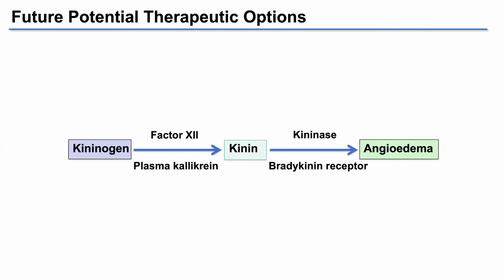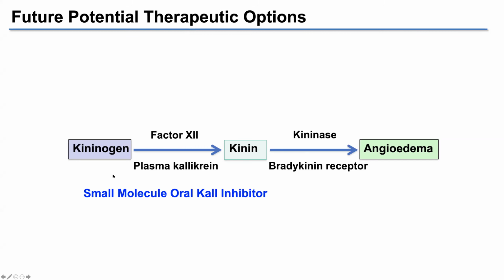And let me just maybe finish by saying what's coming down the pike. So people may know that there's an orally available kallikrein inhibitor that's in front of the FDA now that appears to work well in a subgroup of HAE patients, not well in another group.